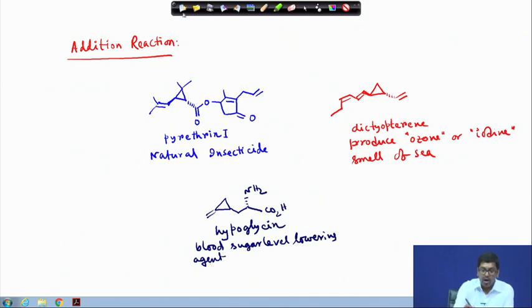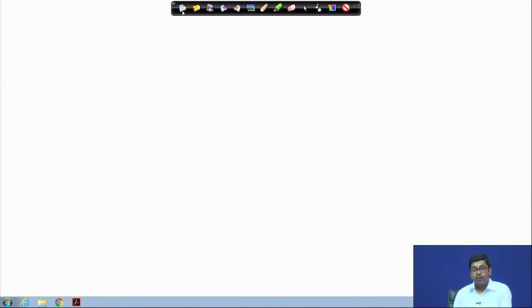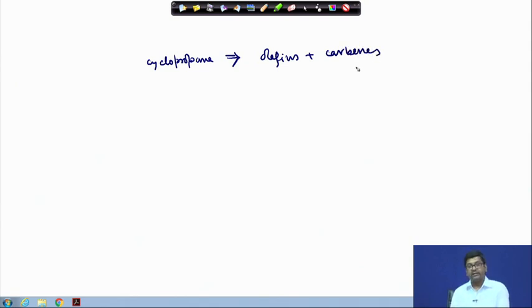Now, how can we synthesize this type of cyclopropane ring through carbene? Okay. So, if we see its retrosynthesis, we can generate it from olefins plus carbenes, which can give the cyclopropane ring.